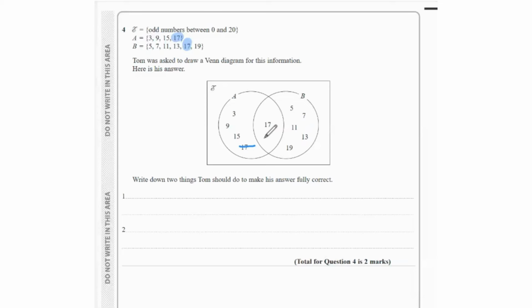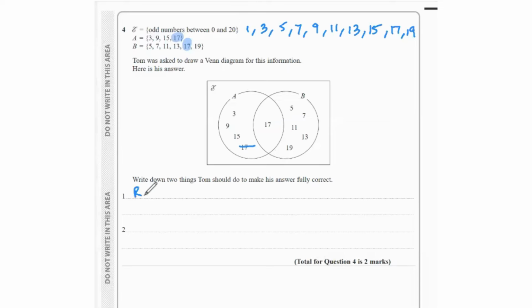One thing that's missing is that he hasn't written the elements that need to be outside set A and set B, because the universal set is odd numbers between 0 and 20. If you write those down, that's 1, 3, 5, 7, 9, 11, 13, 15, 17, and 19. So if you notice, 1 is missing.